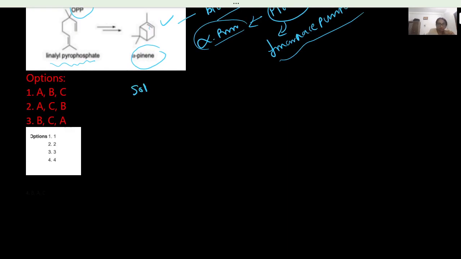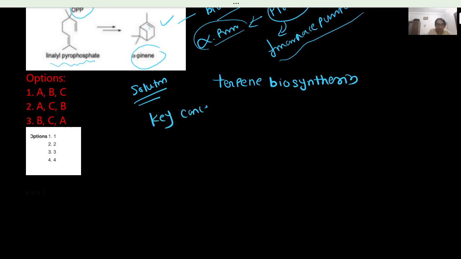Now let us solve this question with the help of key concepts. First we have to recognize the reaction. It is a terpene biosynthesis reaction, and it involves some key concepts.